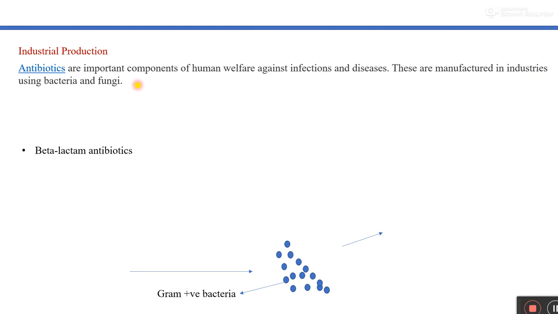Antibiotics are chemical compounds derived from different kinds of bacteria and fungi, which help in killing or reducing the growth of different harmful bacteria.